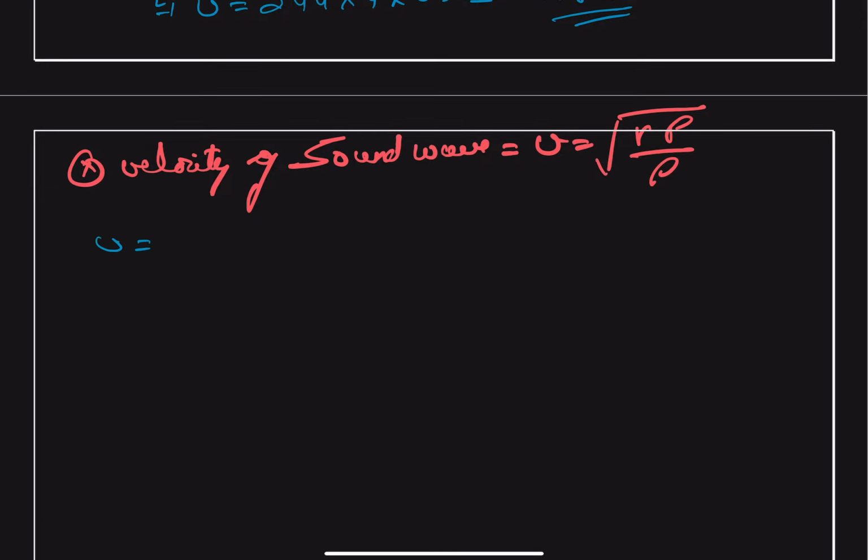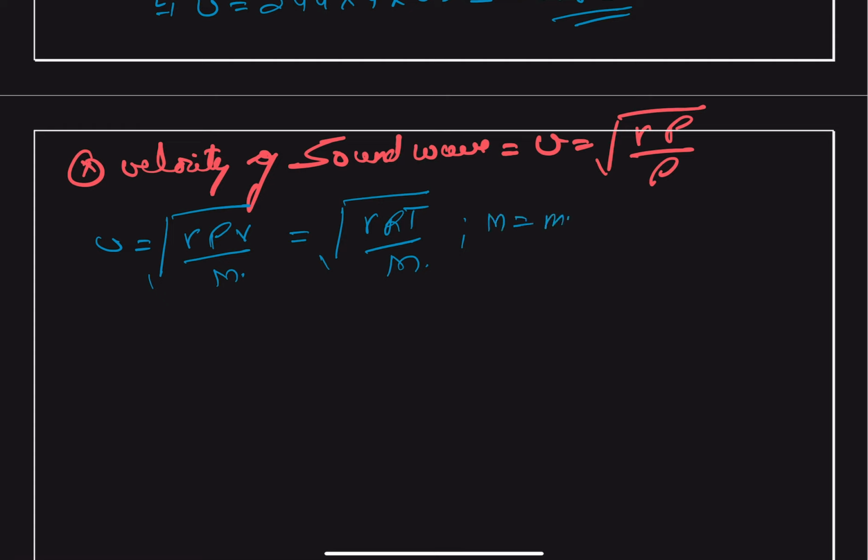We can write P is equal to gamma P V divided by m, and it can be further written by using the ideal gas equation, PV is equal to nRT. So we can write that our velocity will be equal to square root of gamma RT divided by m. Here m is the molar mass of the gas in grams.